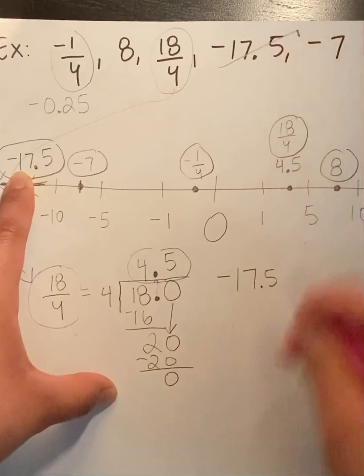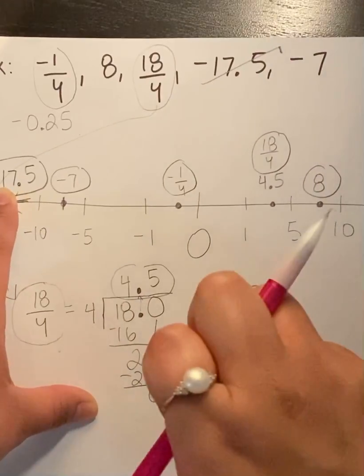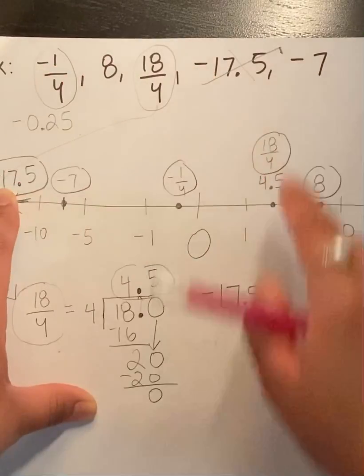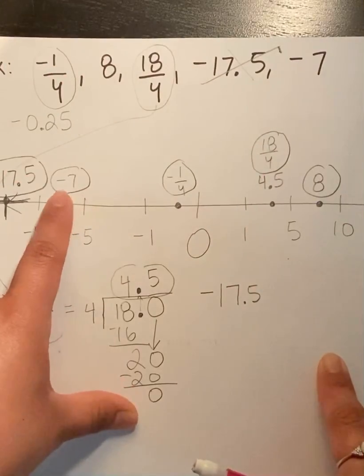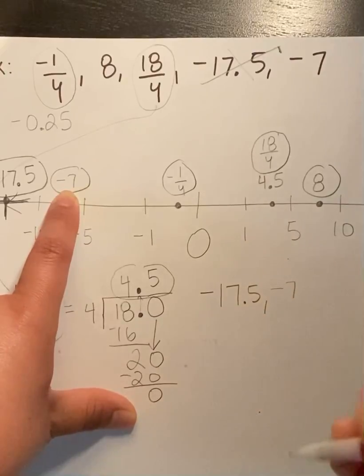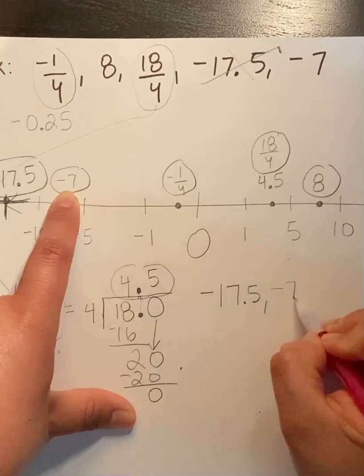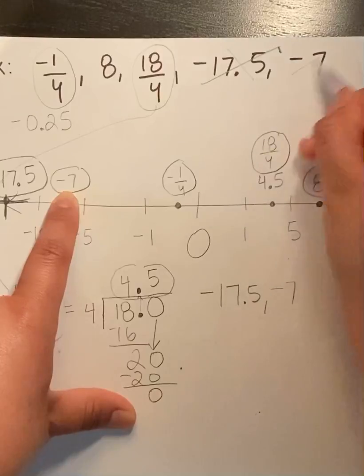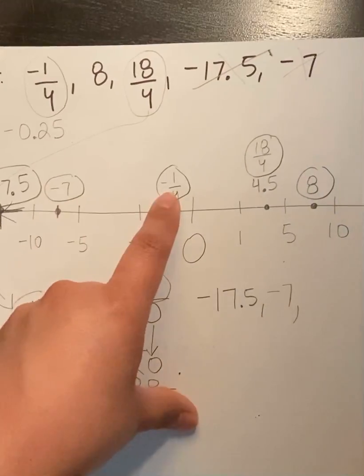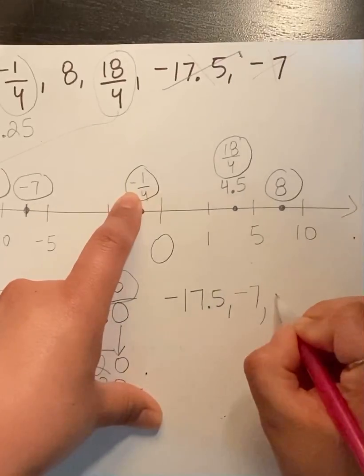Write it down and cross it out in the original to make sure that I have included all my numbers. The next number I have is -7. I write it down and I cross it out. The next number I have is -1/4.